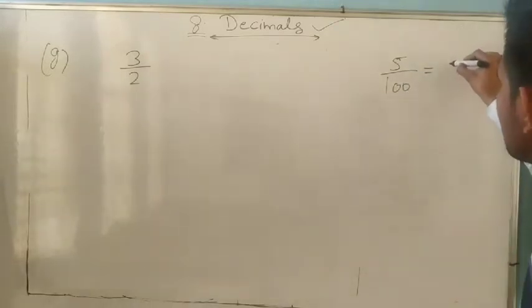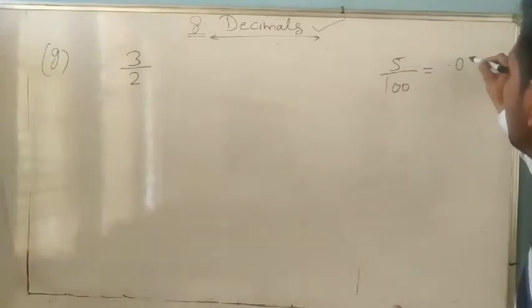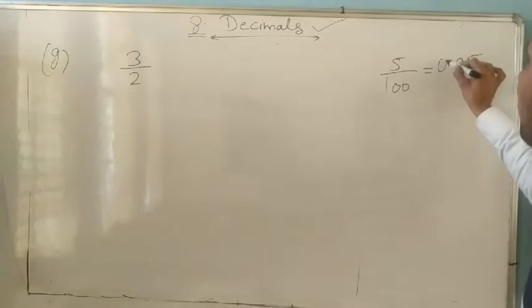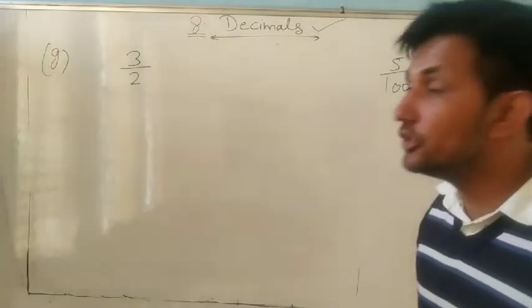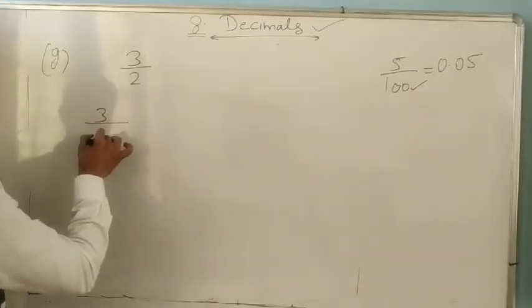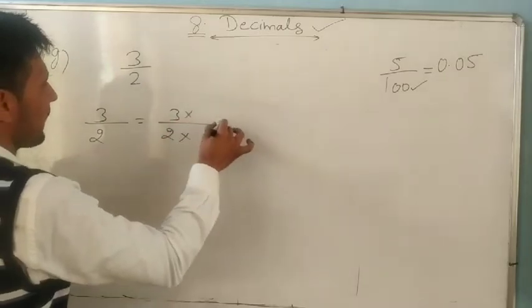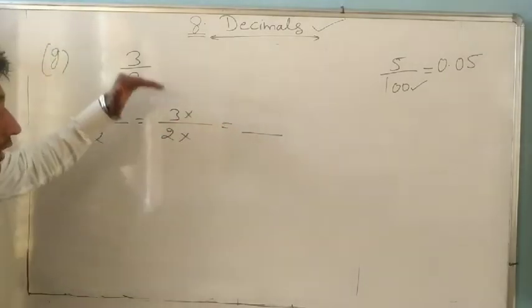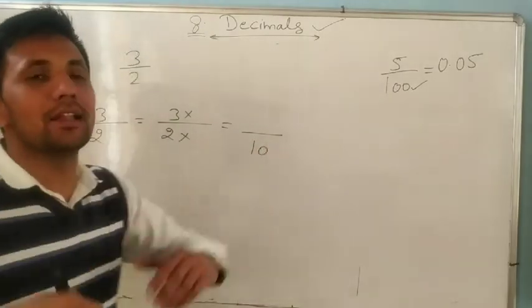It means after decimal 2 digits will come. So first one digit is already given, one is 0 and one is 5. So 0.05. So it means we need zeros in the denominator. So tell me what number you will multiply so that the denominator becomes 10 or 100.